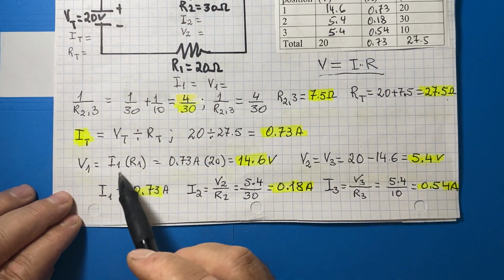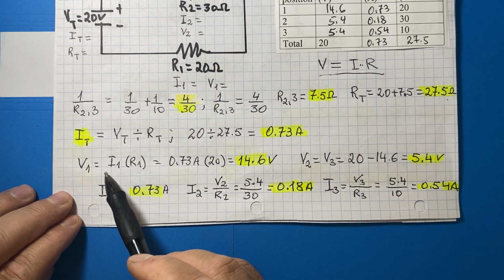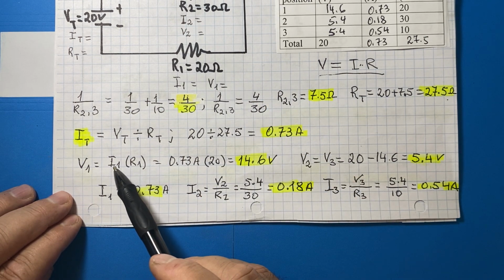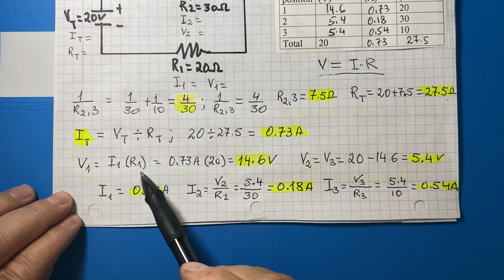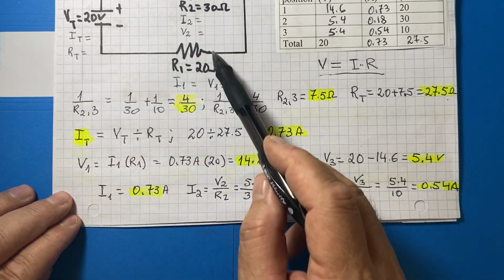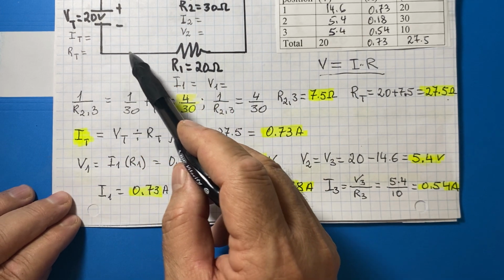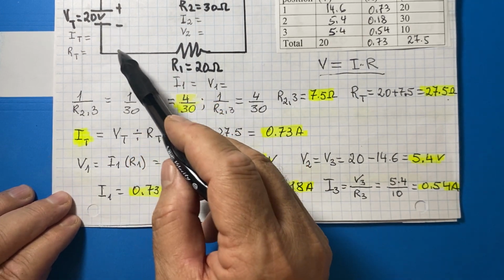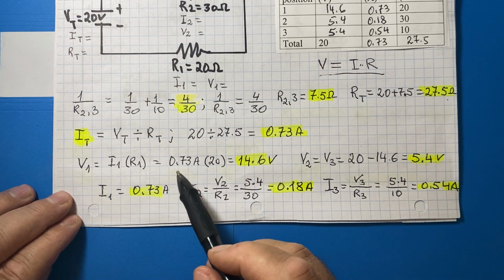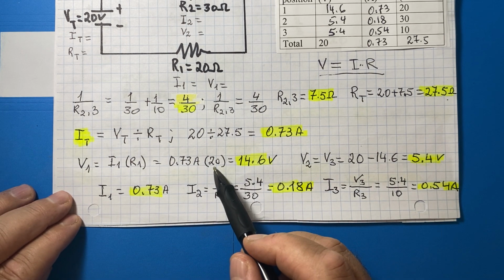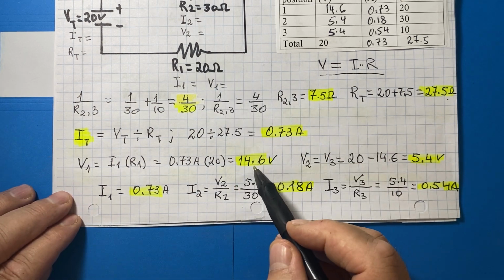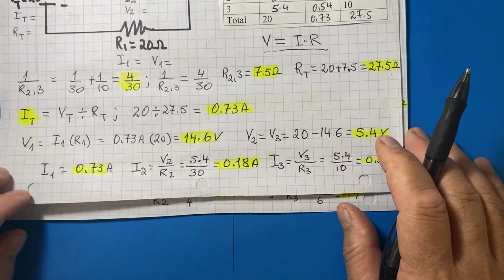Now, voltage V1 for this part here is I times resistance 1. The current in this part is the same as the current coming from the source. It's the same flow of electrons. So 0.73 amperes times 20, which is the resistance at this point, gives 14.6 volts.